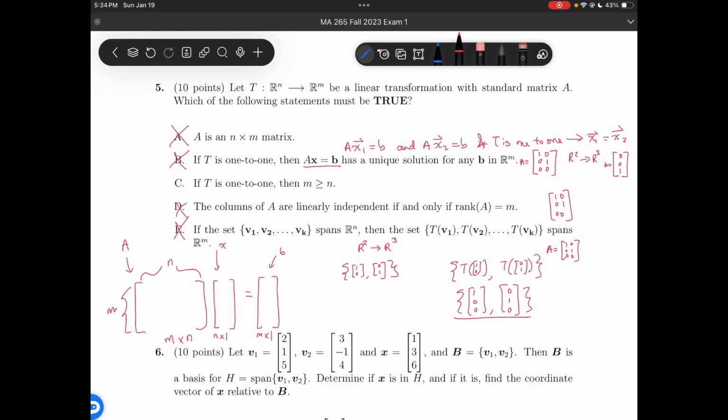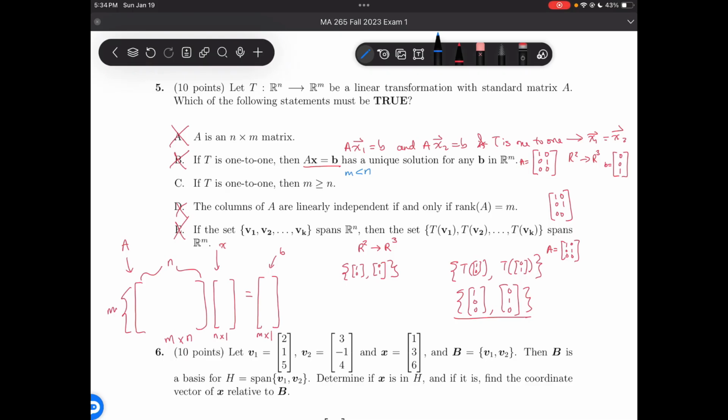Okay, last statement is C, which we now know is true, but to see why this is true, there are 2 different strategies we can think of. First, we want to consider what happens when m is less than n.